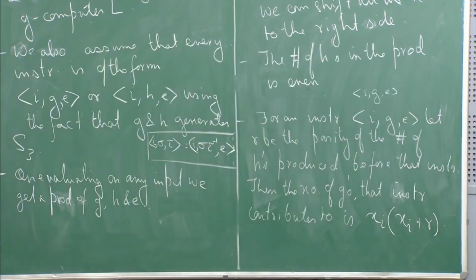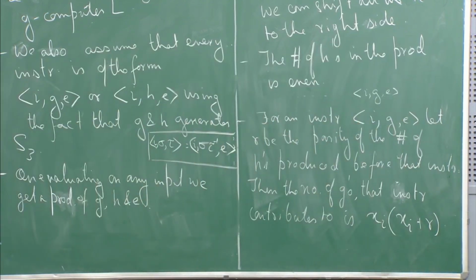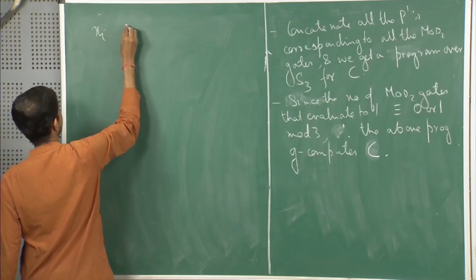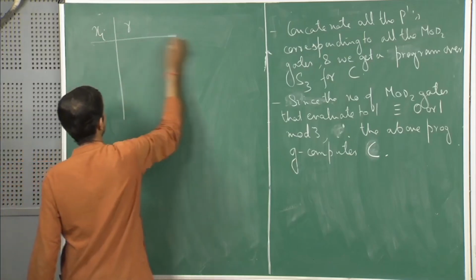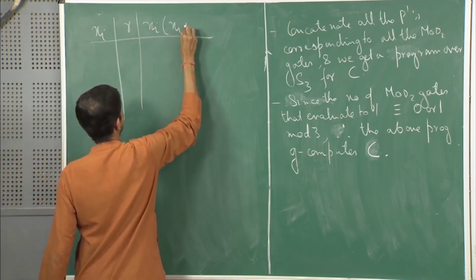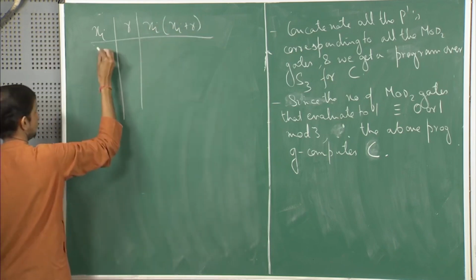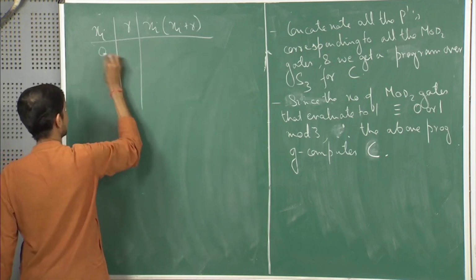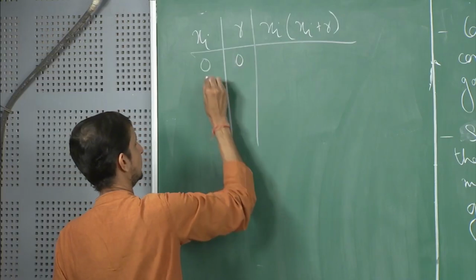Let me write this. We have xi, we have R, and we have xi plus R. xi is a variable, it can have values 0 or 1. R is a parity, it can also have values 0 or 1.